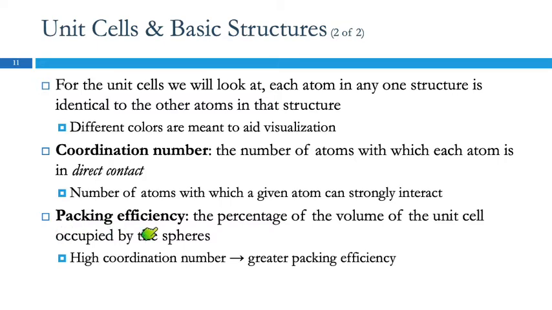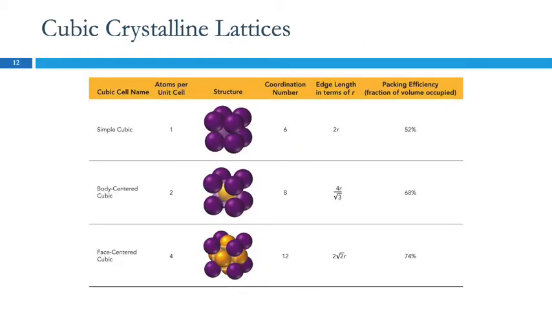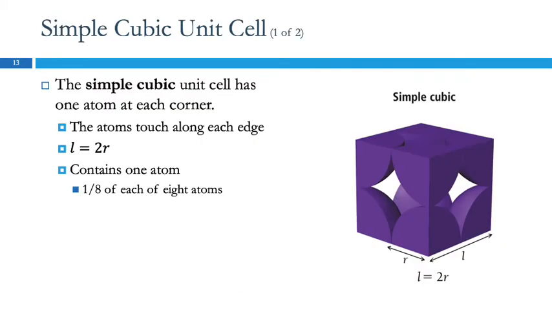The other thing that's measured is packing efficiency, and that's just the percentage of the volume of the cell that's actually occupied by the spheres. If you have a higher coordination number, you generally have a higher packing efficiency. So these are the 3 cubic unit cells and all the information. But let's look at them one at a time.